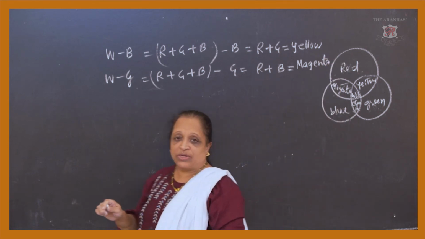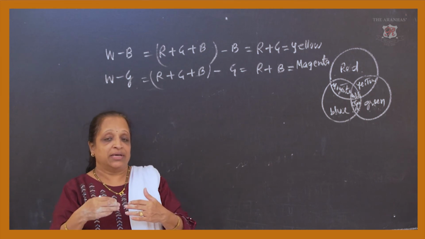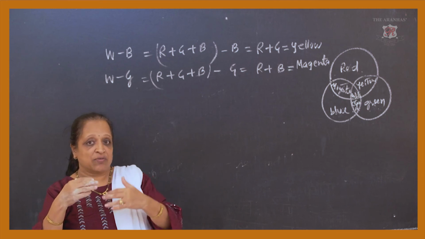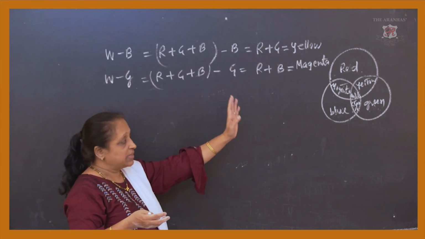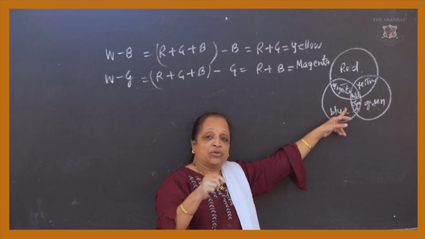You must have noticed that whatever discussion we have done so far of the color of the object, primary and secondary colors, mixing of the colors and the effect we get, all these things are related to the diagram drawn on the board.